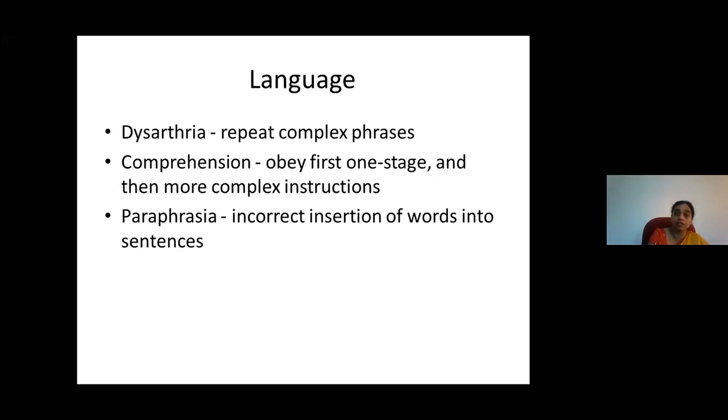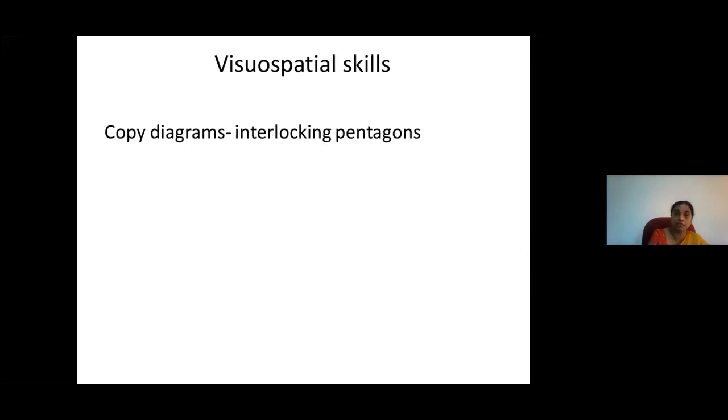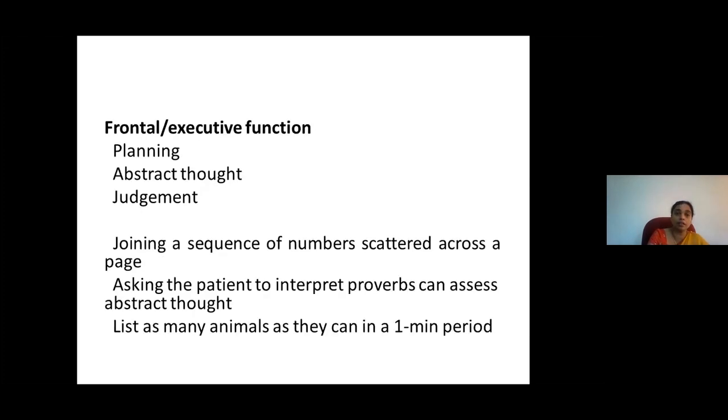Language, dysarthria, comprehension, paraphasia, we assess separately if we have any concern about those areas. And visuospatial skills, we ask them to copy diagrams like interlocking pentagons in the MMSE. So these are the qualitative assessment methods.